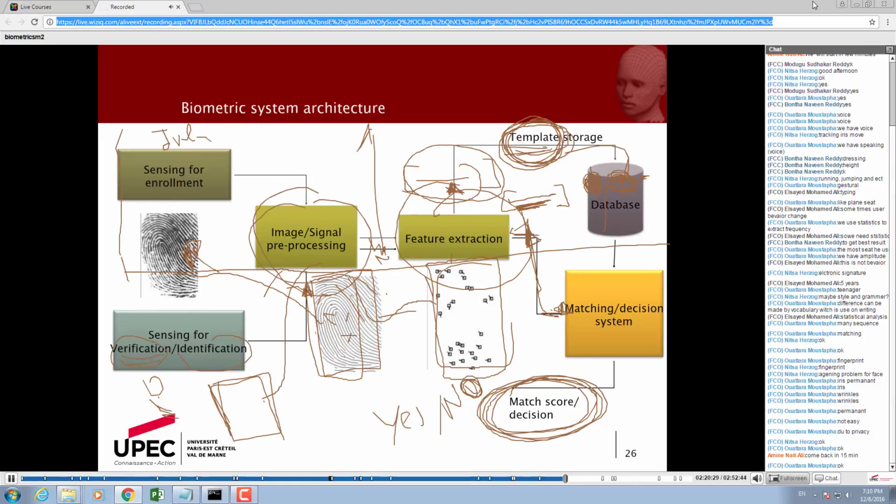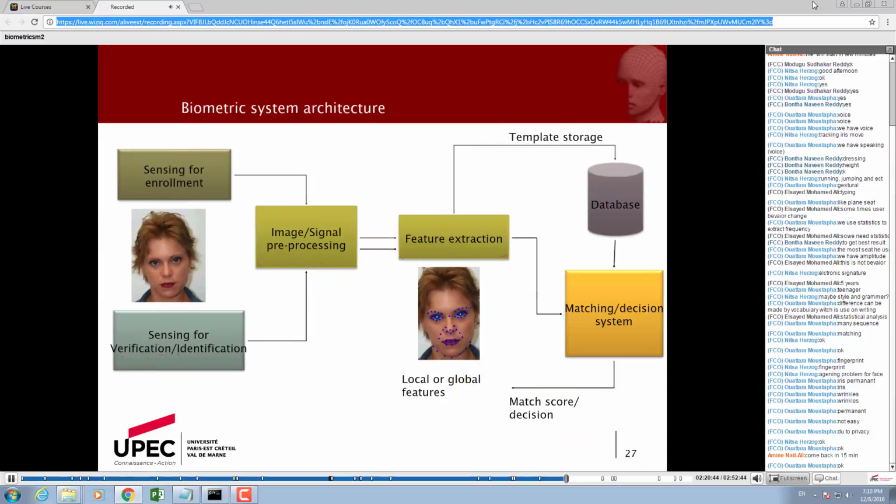So for verification, the output will be yes or no. This is the decision. You are the person, the claimed person, or you are not. And we can notice that each time we share the same systems in terms of processing. For pre-processing and for feature extraction, we share the same blocks. And the output at the end will be yes or no.